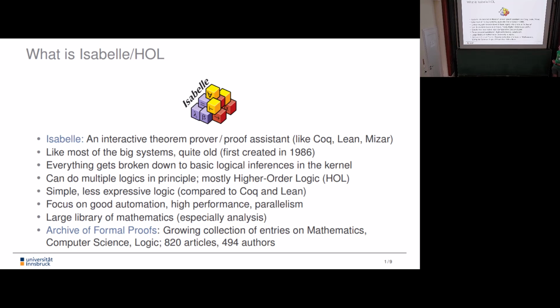So it's a bit like a scientific journal, but it's more like a data repository where people submit scientific data, and that data just then gets stored there, and it's also maintained in the sense that if Isabelle keeps developing and anything breaks, then the stuff in the archive has to also be fixed.